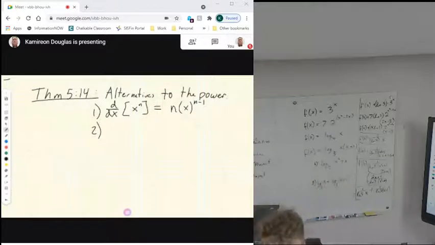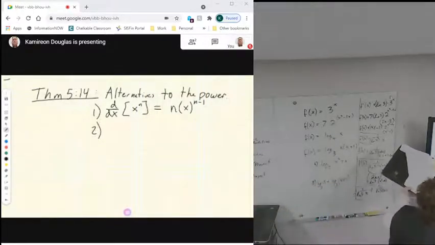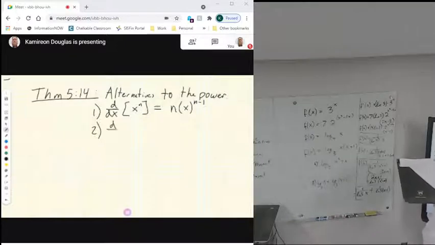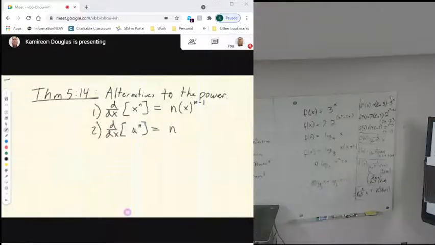Part 2 is the alternate form. So we've talked about u substitution a lot. This is one that we haven't talked about. The derivative with respect to x, if this bottom thing is a u, so a combination of the chain rule and the power rule together, n times u to the n minus 1 times du dx.